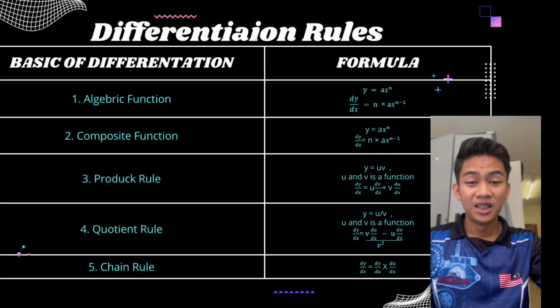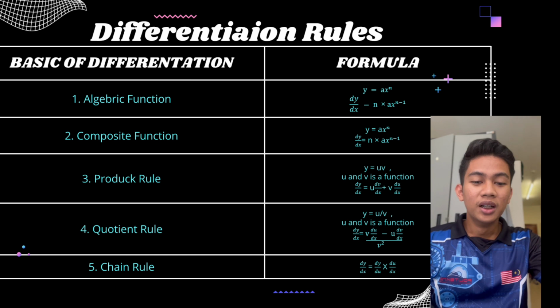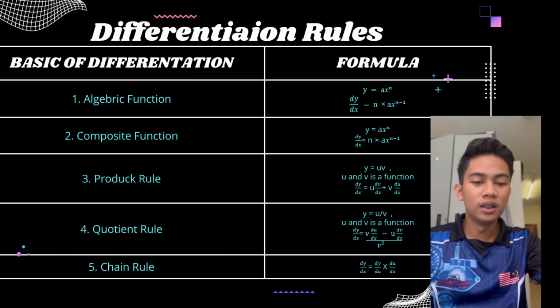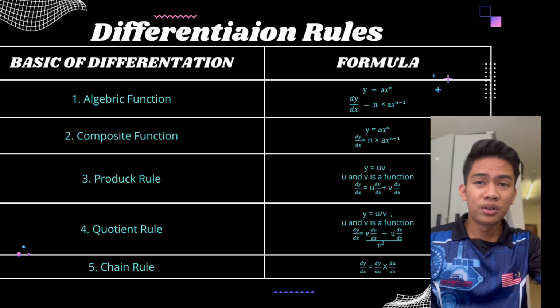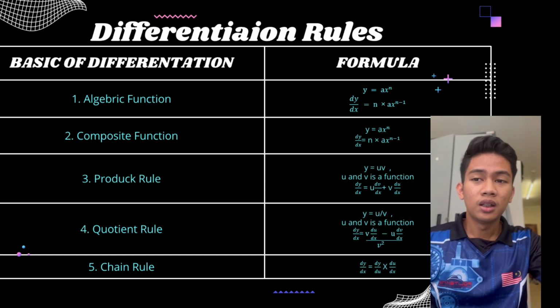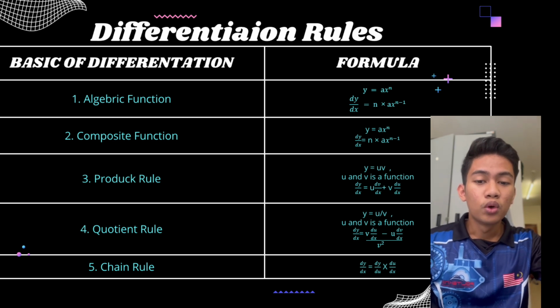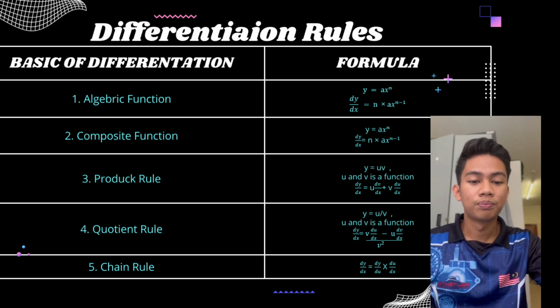Thank you. Differentiation rules. The differentiation rules help us to evaluate the derivative of some particular functions instead of using the general method of differentiation. The basics of differentiation are the algebraic function, composite function, product rule, quotient rule and chain rule.